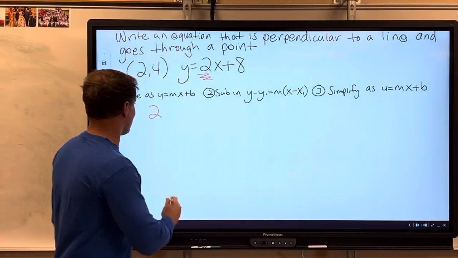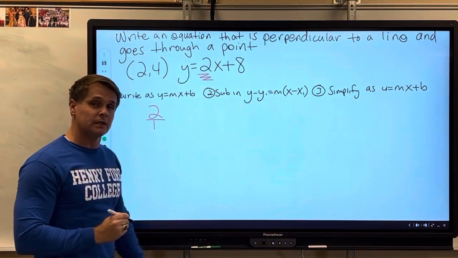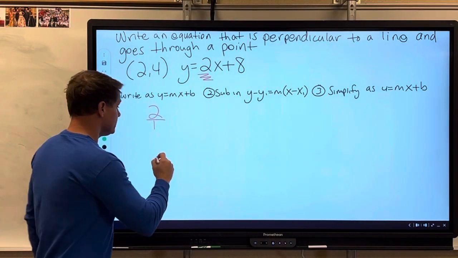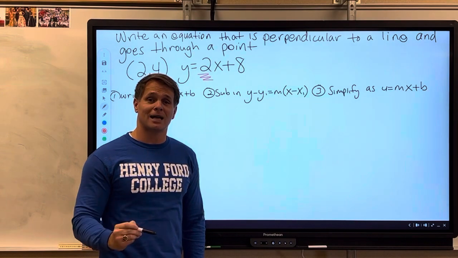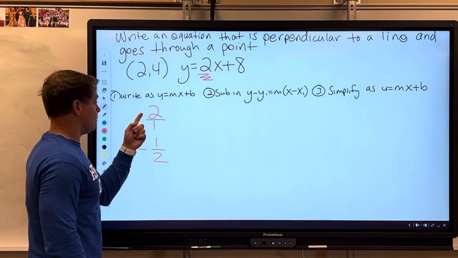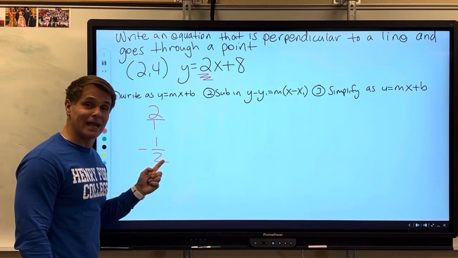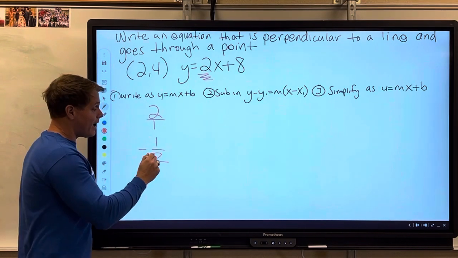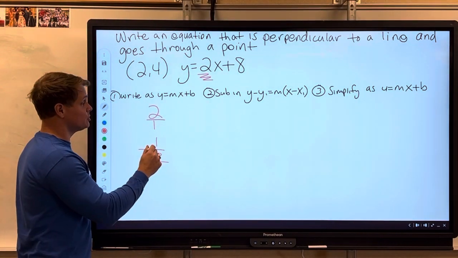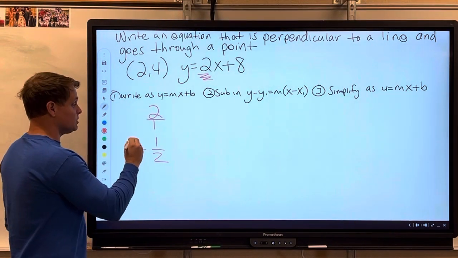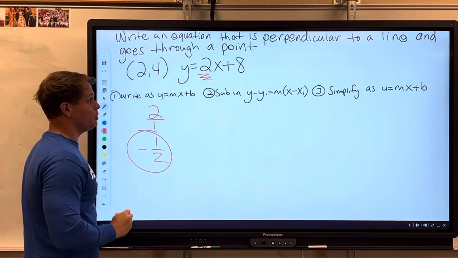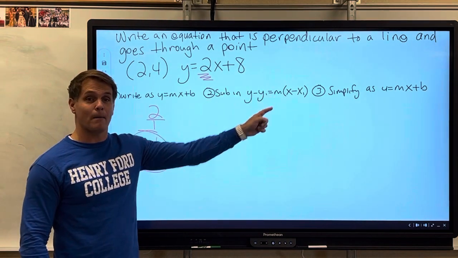How do I make 2 a fraction? You put 2 over 1, and then you flip it over, and you get 1 over 2, and then you change the sign, so it becomes from positive to negative. Now, negative 1/2 is the negative reciprocal of 2 over 1. So this is the slope that I'm going to put in for m.